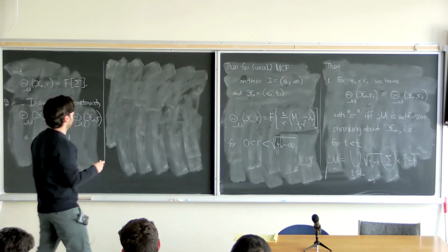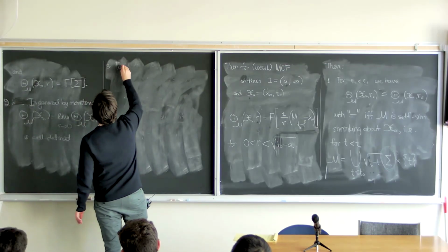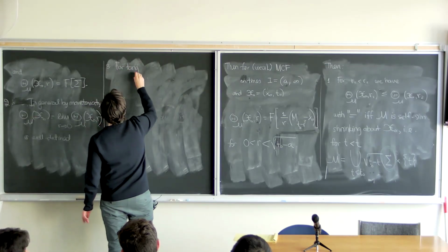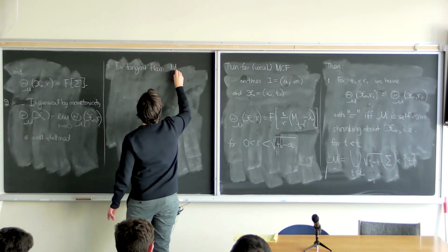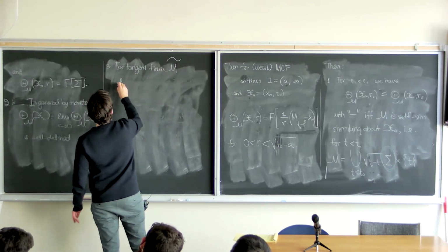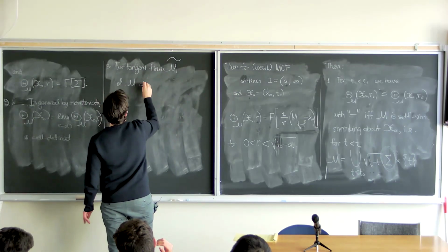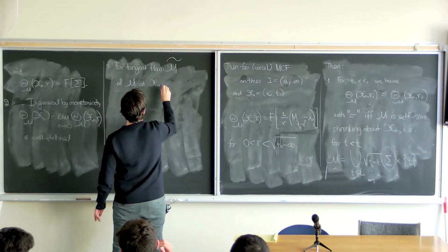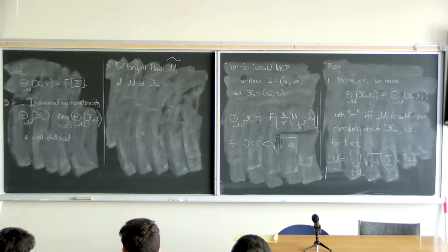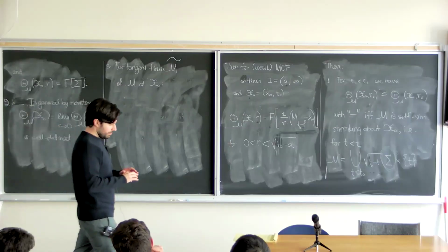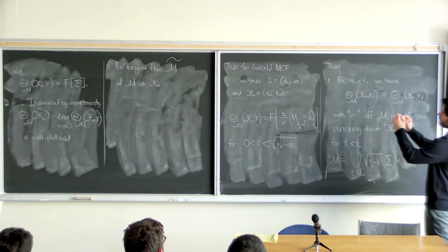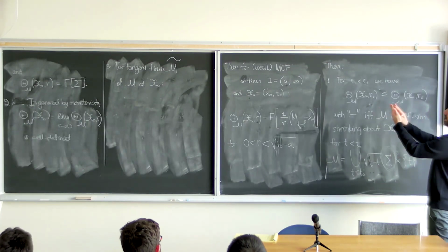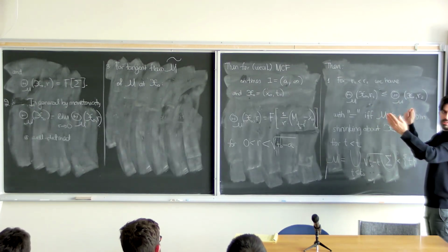So let's go to the tangent flow setting. Mu tilde of m at x0. If you go to the tangent flow setting, then m tilde, what happens in this monotonicity formula is you're taking r and rescaling it to unit distance.